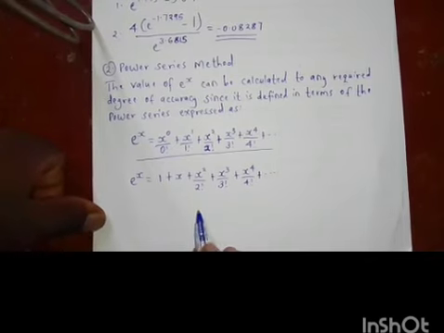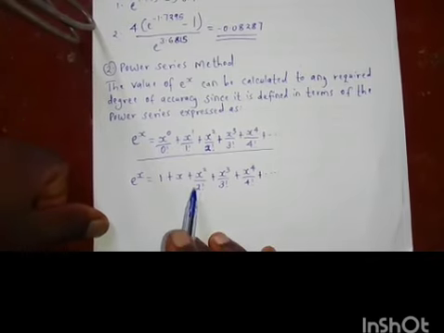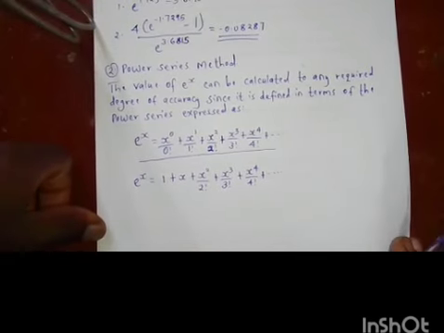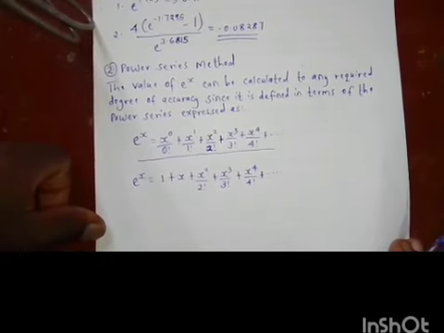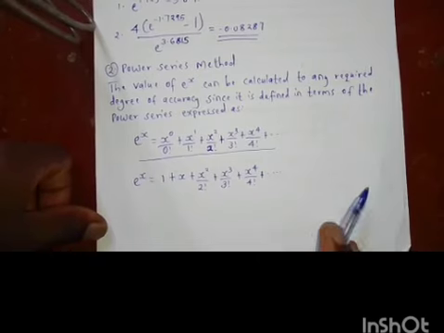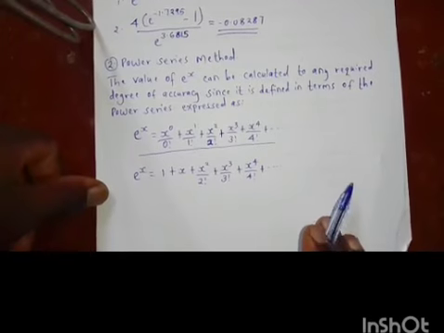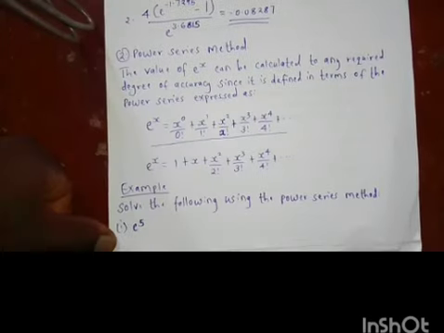These are convergent series, and so we are going to look at examples. Now we can solve for an exponential function using the power series method. Example, solve the following using the power series method.